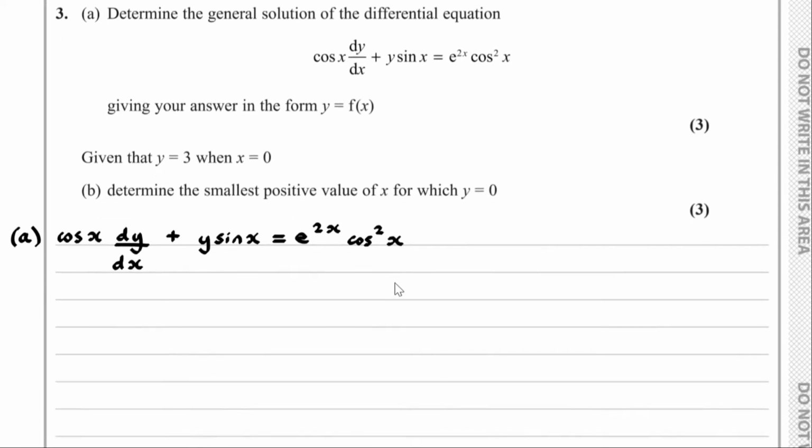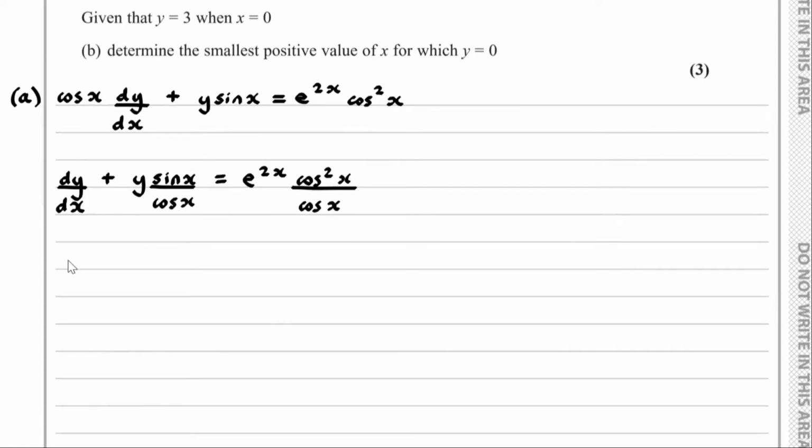And if we divide through by cos x, that means we have dy over dx plus y times sin x over cos x, and that's equal to e to the power of 2x times cos squared x over cos x.